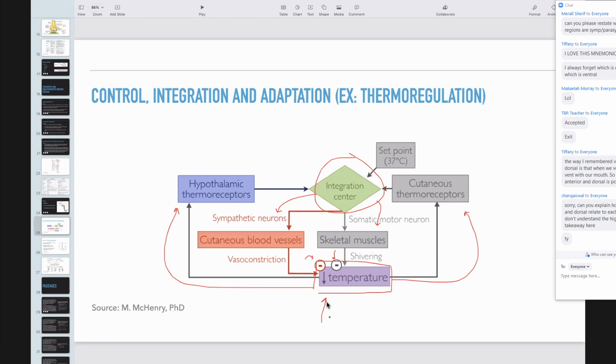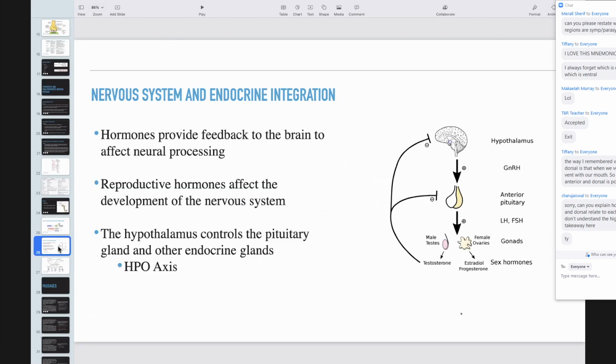All this information goes to your brain, to the integration center. The integration center can cause downstream effects via your nervous system, telling things to constrict, telling muscles to contract, or do the opposite. We can also do very similar things with the brain and the hormonal system, and that's where the nervous system and the endocrine integration overlap. They work together to do a lot of different things.